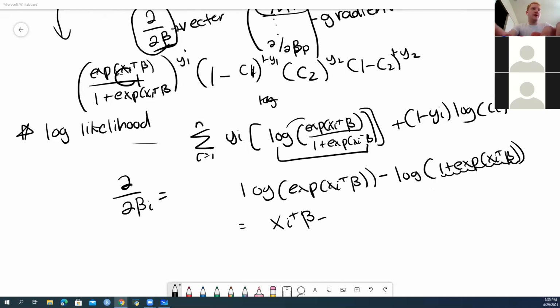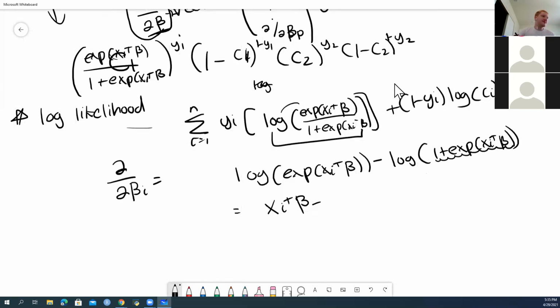No, because it's only when, so it's logs of multiplication that turn into addition of logs. There's a way to do this. Simplify this.